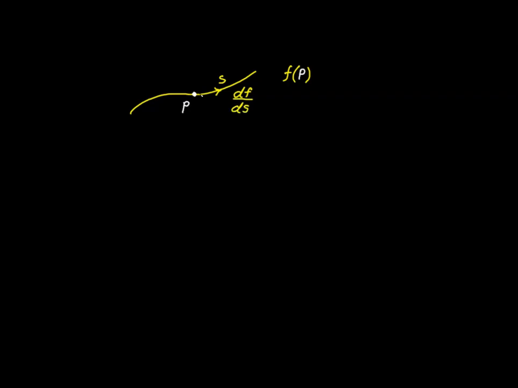So what is the rate at which our function f is changing as this point moves along the curve? Now we call this expression a directional derivative. And we call it a directional derivative because it is dependent not only on our function, f of p, but also it's dependent on the path that we're moving. It's dependent on the direction in which we measure it.